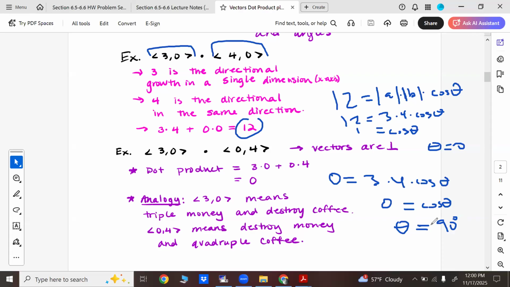Just visually, because 0, 4 goes like this, and 3, 0 goes like that. Those are going to be perpendicular. If it was something weird, then you just do the inverse cosine.